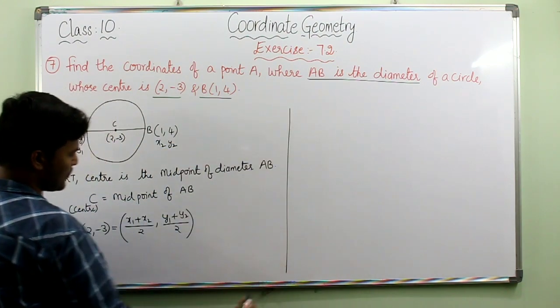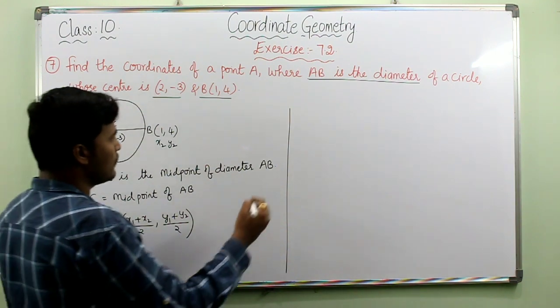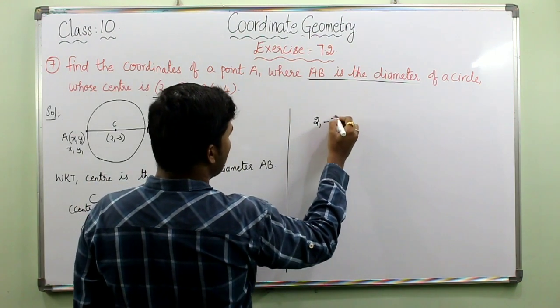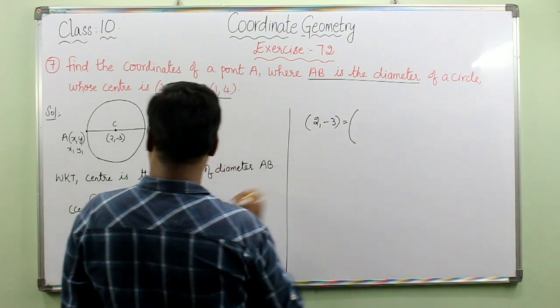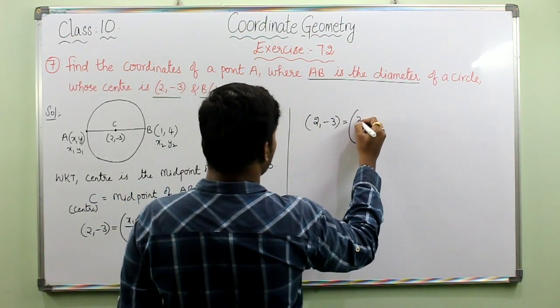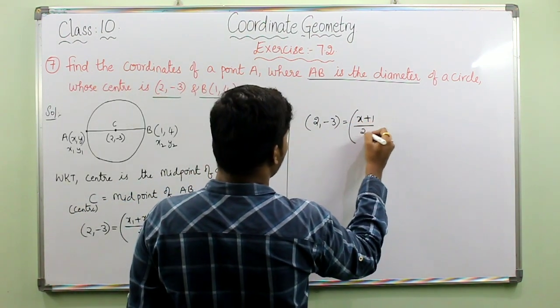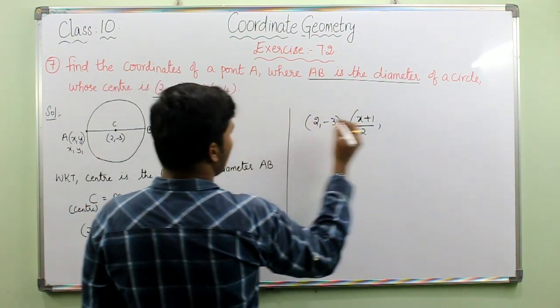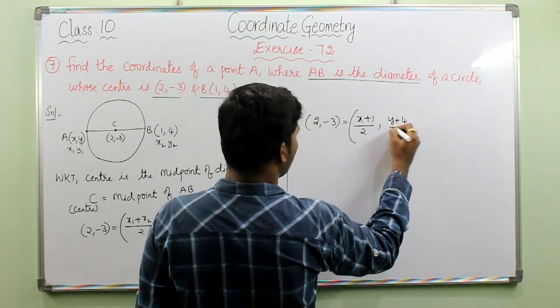Let us substitute those. Then 2, minus 3 is equal to ((x plus 1) by 2, (y plus 4) by 2).